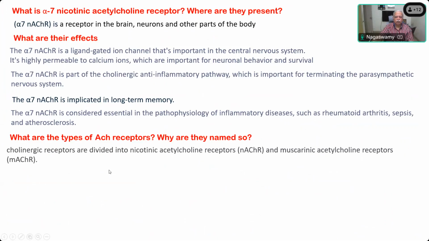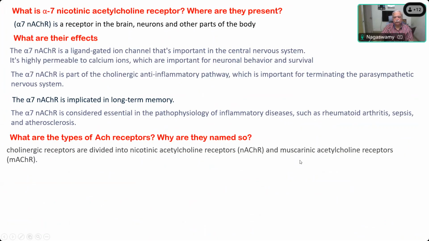Why was that particular name given? Because they found that they responded when they injected these into experimental subjects. Some receptors responded to nicotine and some receptors responded to muscarine.